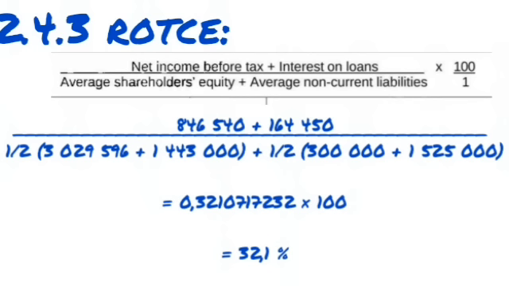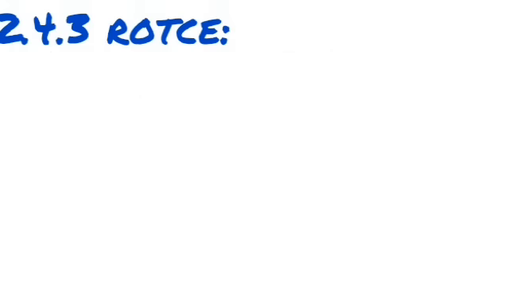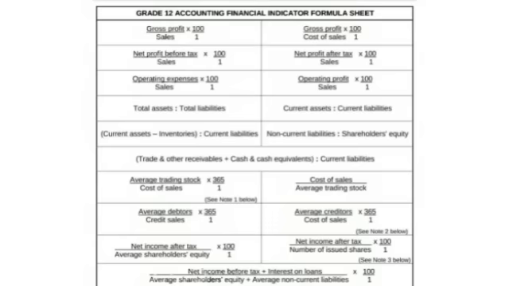That is the amount from 2023. Repeat the same process for non-current liabilities and you put everything in the calculator. It gives you 0 point something. You multiply that amount with 100 and you get a total of 32.1% as your ROCE.